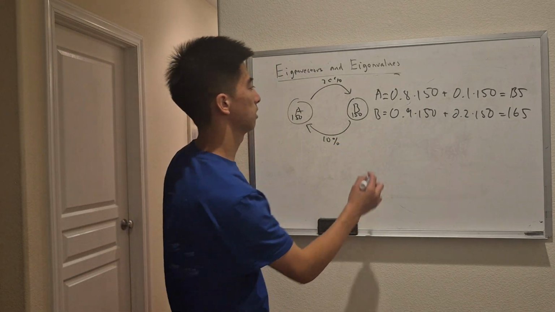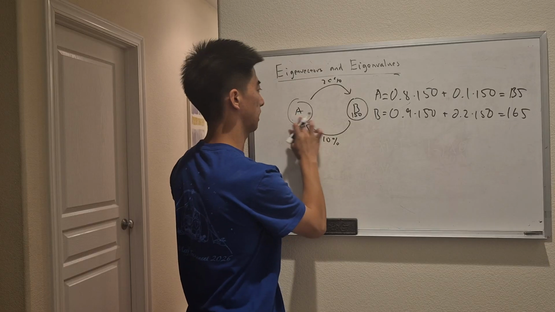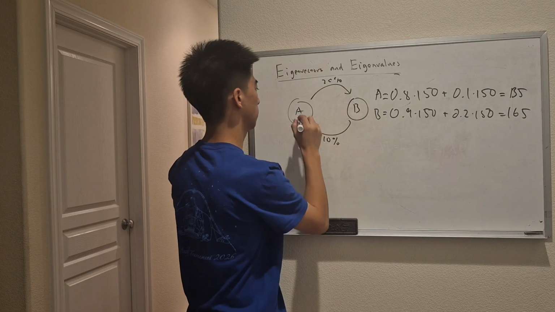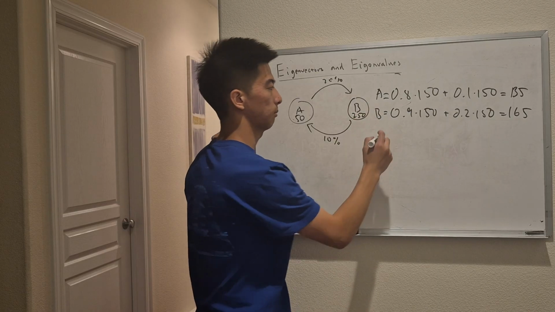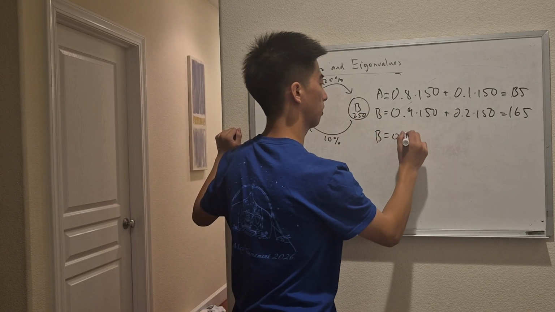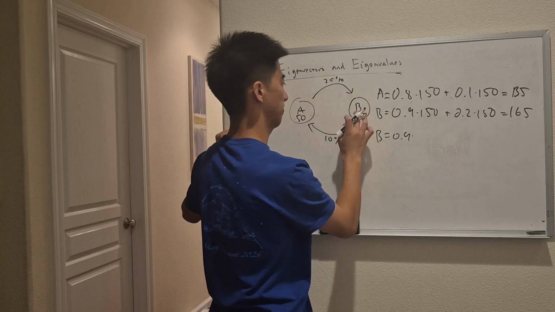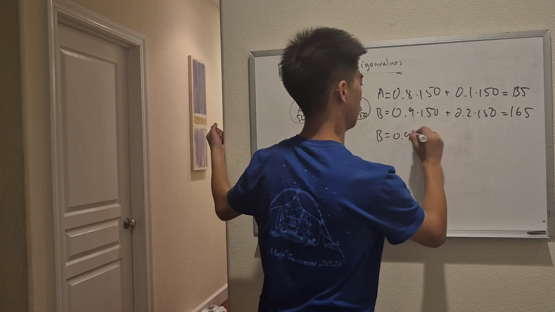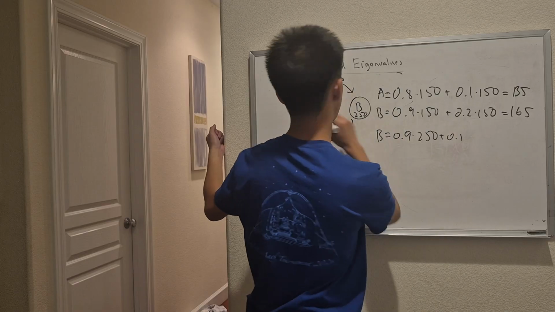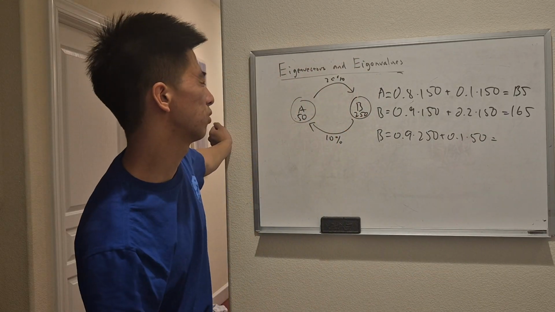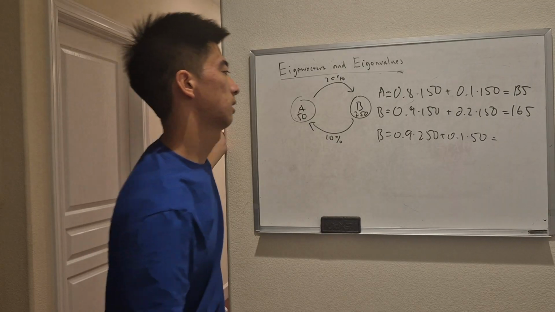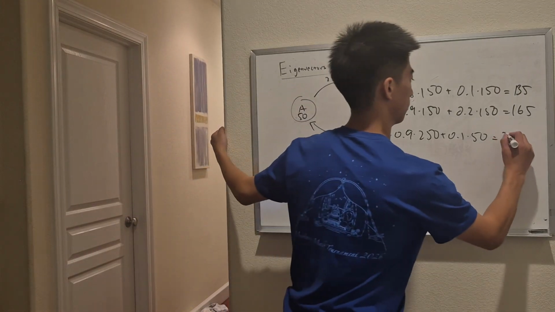But what if the population was, instead of 150, 150, let's say it was at 50 and 250? What happens then? Let's look at B. For B, you get the 0.9 retained from the 250, and then you have the 0.1 from that 50, and this adds up to 225 plus 5, so you get 230.